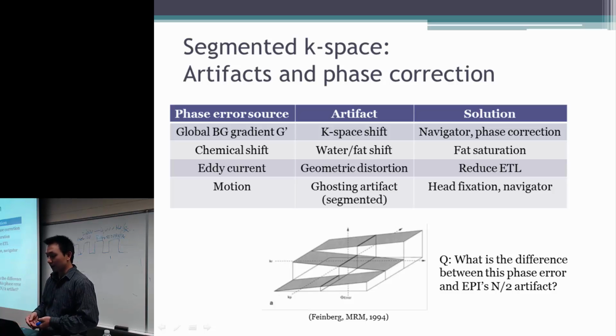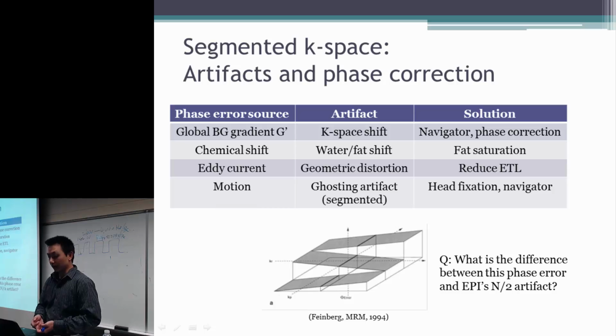The solution is that we can use, for example, segmented EPI to reduce the echo train length, so that the eddy current effect is less, and the T2 star decay related to the eddy current is also less. So the rule of thumb is that the shorter the echo train length, the less the signal distortion, the less the image distortion will be.